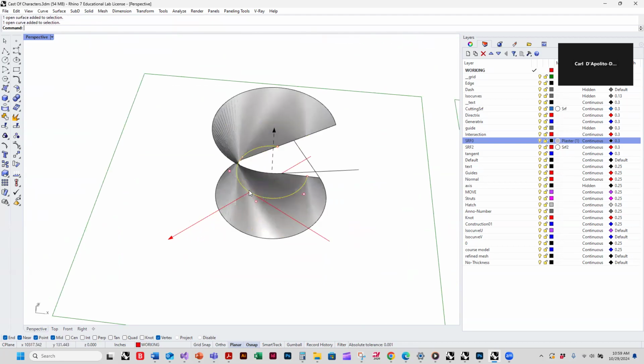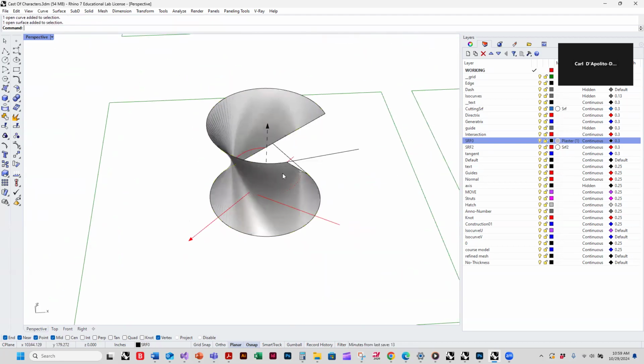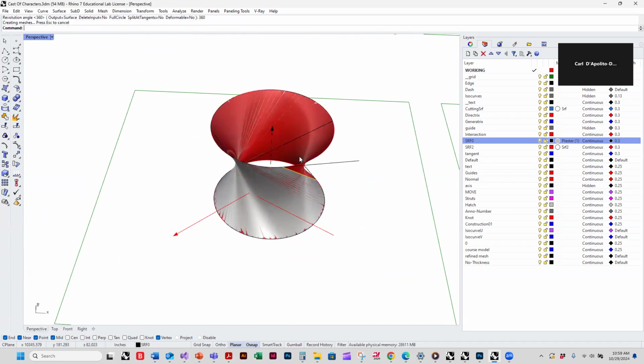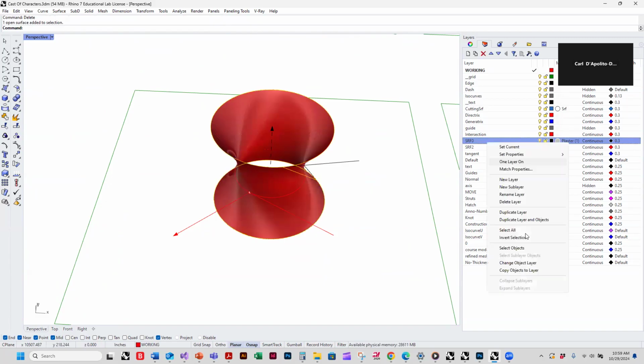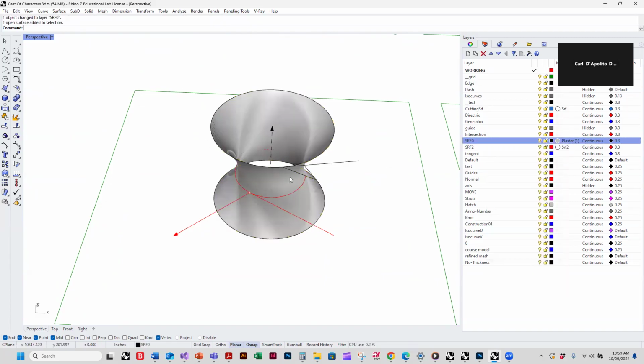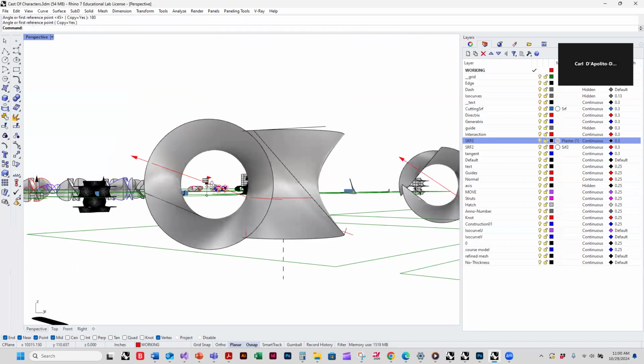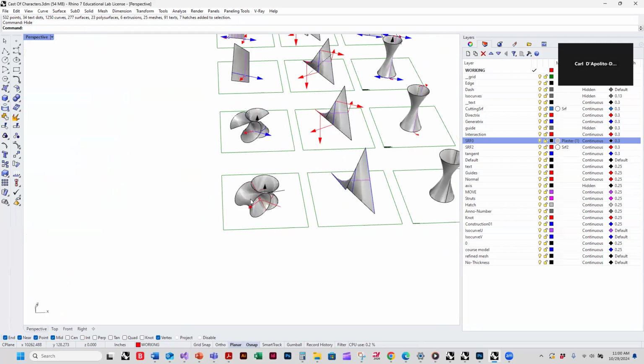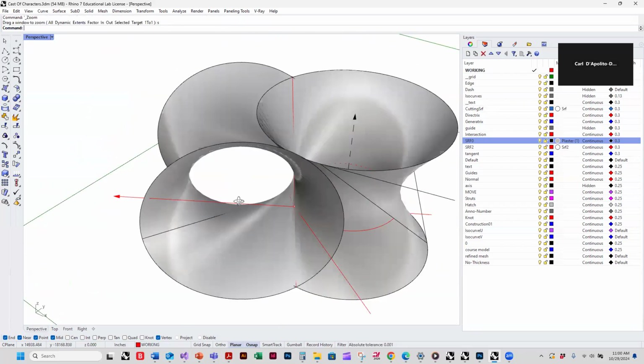By the way, if I take these surfaces, let me make a complete one. And I rotate them around one of their isocurves, one of these straight isocurves, 180 degrees, that will produce the tangent perfectly nested one like that.